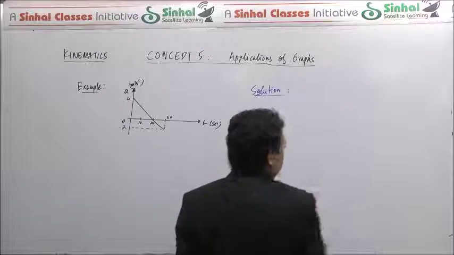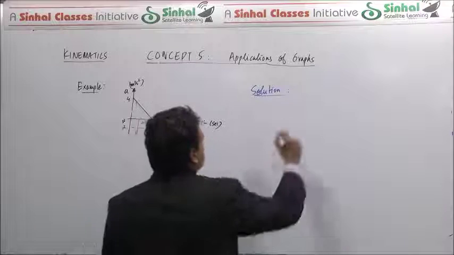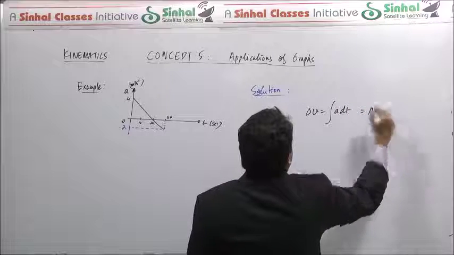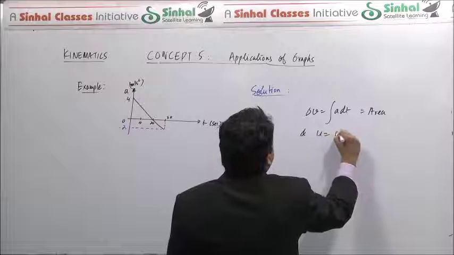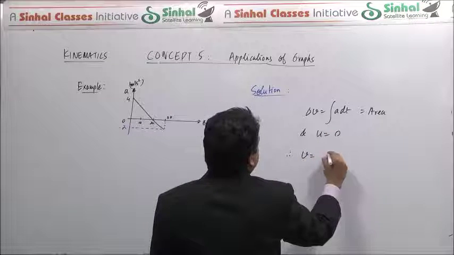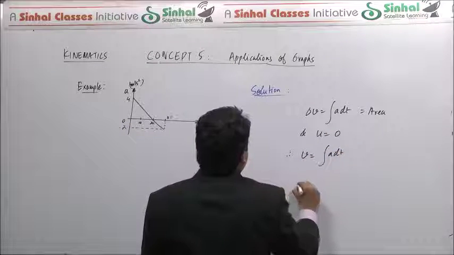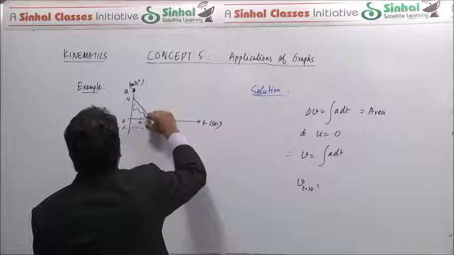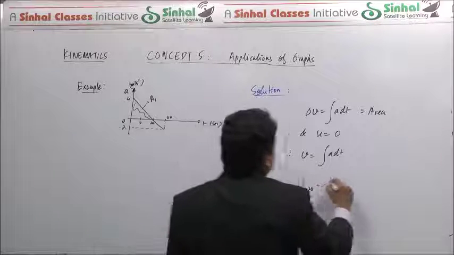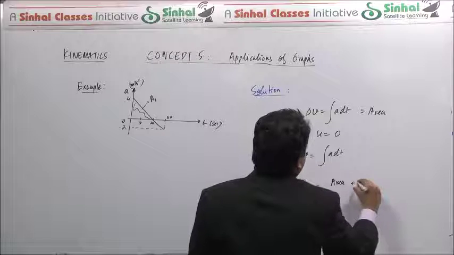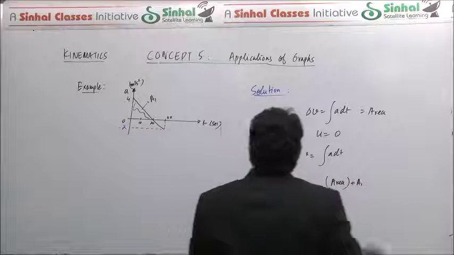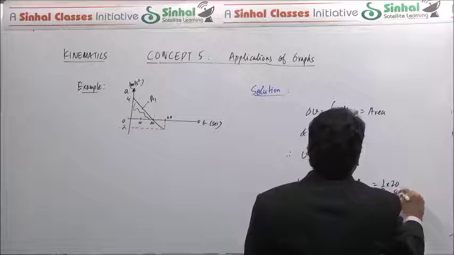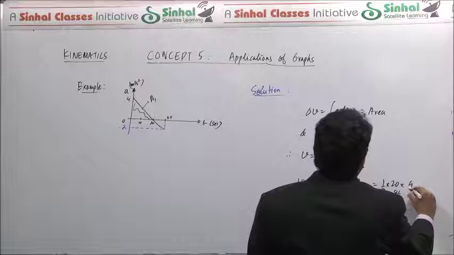Now, you can see that the change in velocity is the integral of a dt, or the area, and it is given that the initial velocity is 0. Therefore the final velocity is equal to the integral of a dt. So the velocity at t equal to 20 will be this area, which is half of the base, 20 seconds, into the height, 4 meters per second squared.